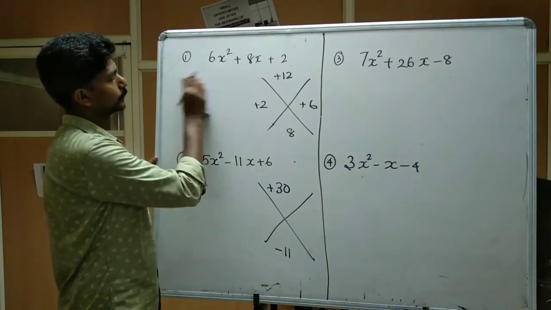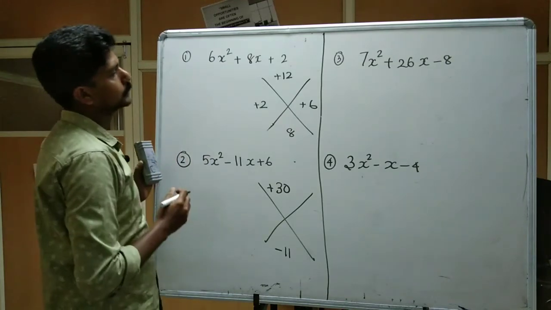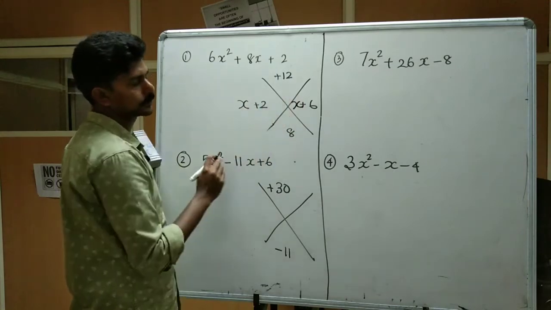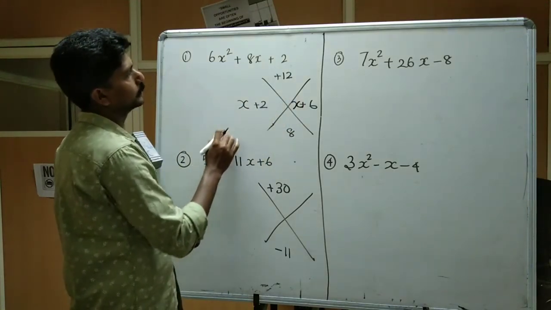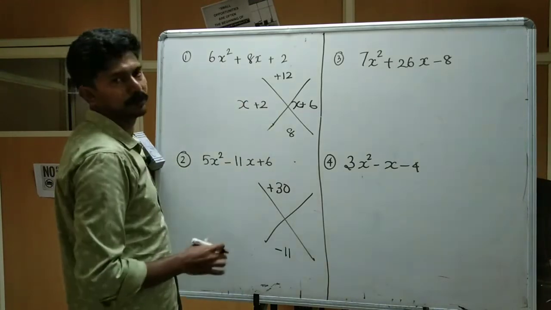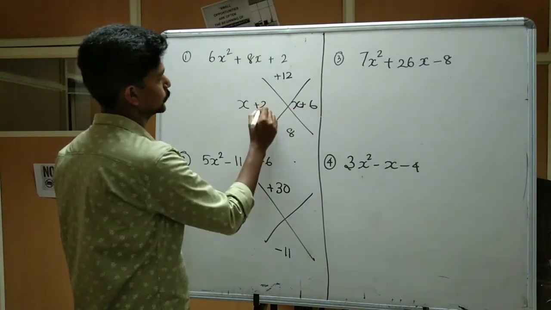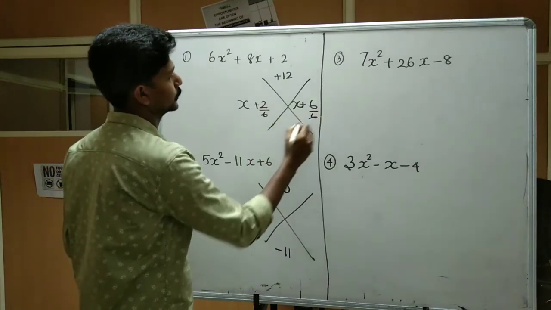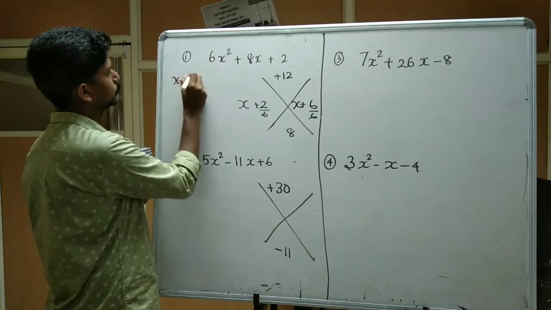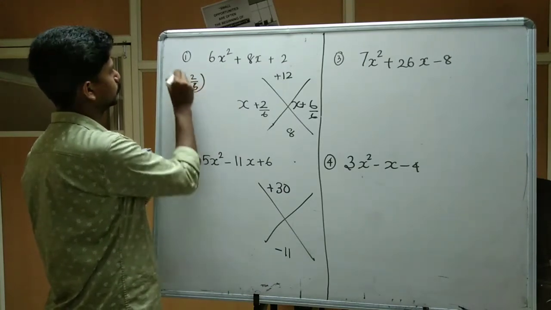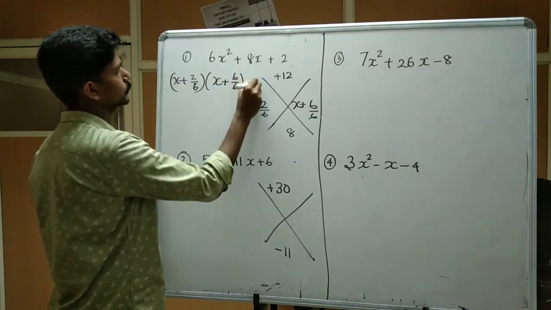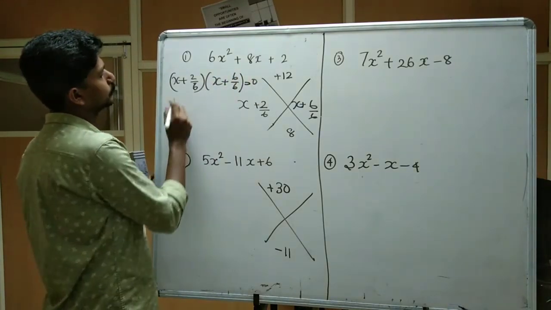So we can erase this now. We write x here and x here, and then we have to divide these numbers by the coefficient 6. So what do we get? x plus 2 by 6 into x plus 6 by 6 equal to 0.